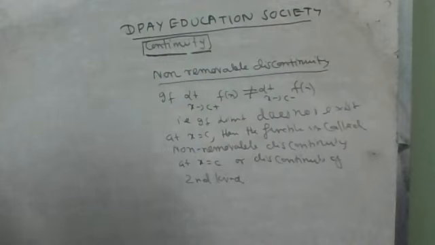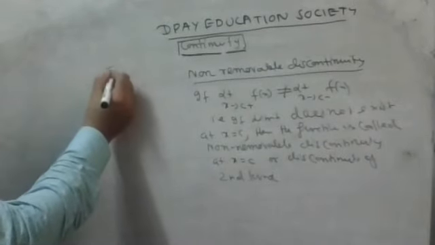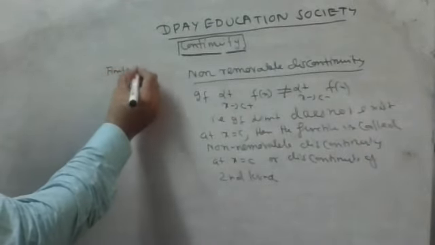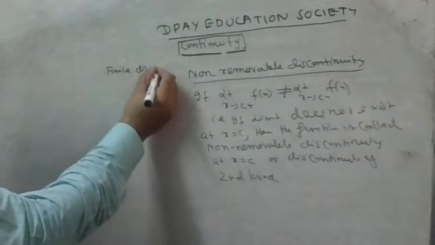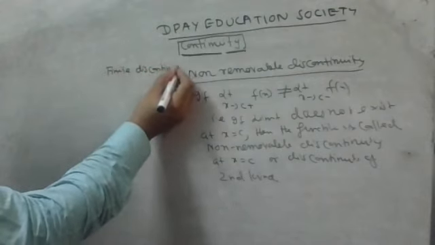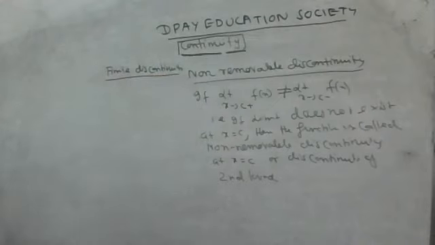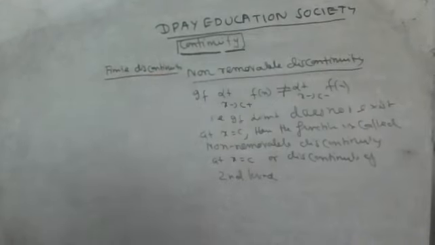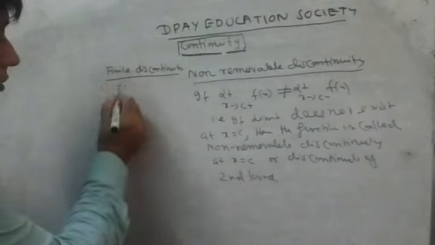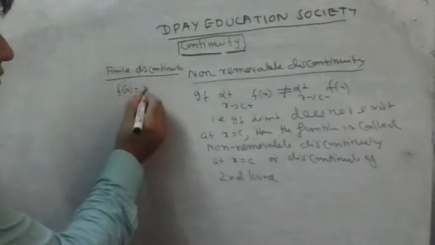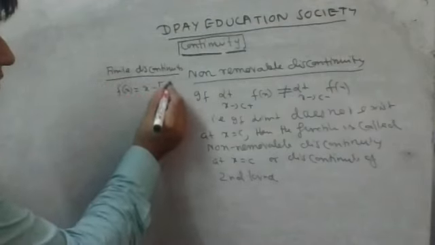First of all, one branch is finite discontinuity. Finite discontinuity means, say, f(x) is equal to x minus [x].